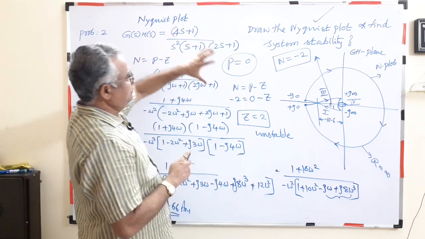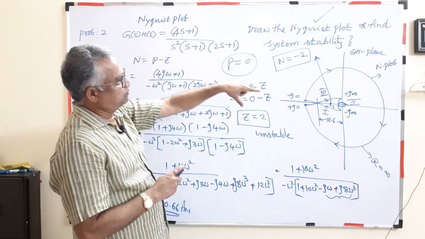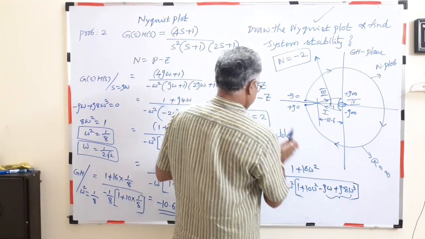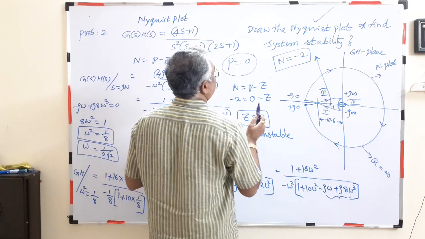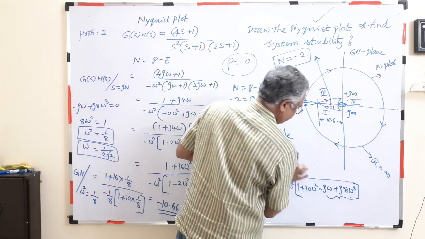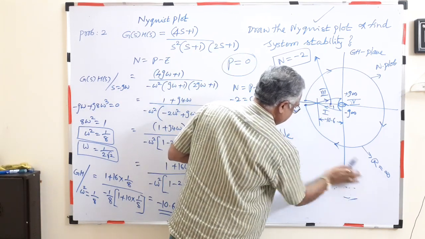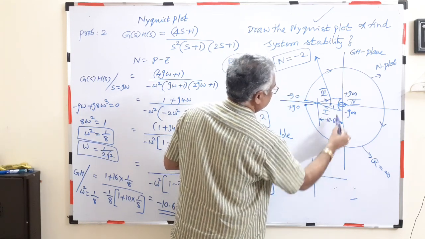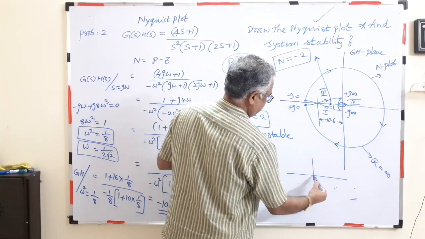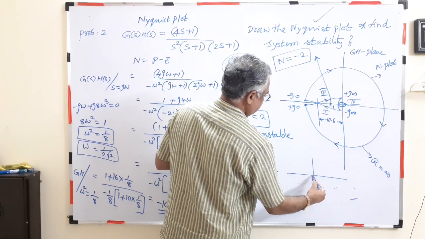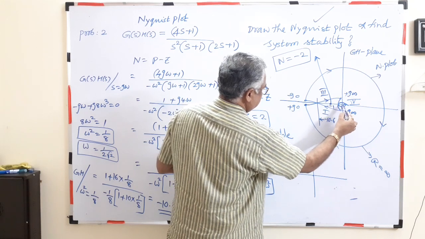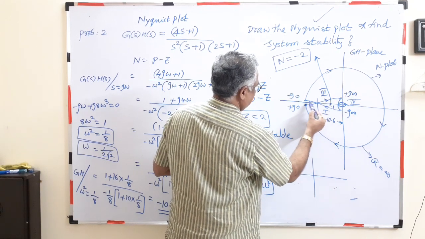If you refer to any book, this problem plot will be shown like this. This portion they clearly will not show because everything is at the origin only. This is at origin, this is at origin, so directly it will go to here.